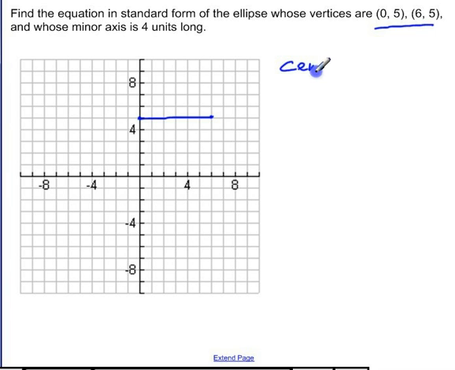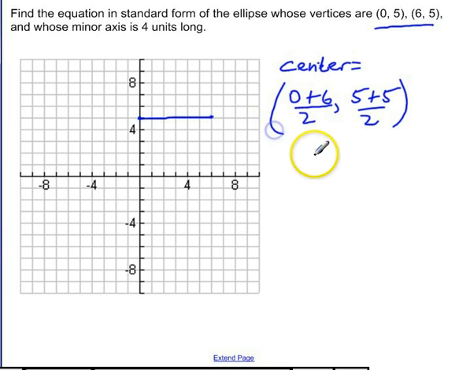So the center, remember the midpoint formula? It's 0 plus 6 over 2, comma, 5 plus 5 over 2, and we get 3, comma, 5. So at 3, comma, 5 is our center.